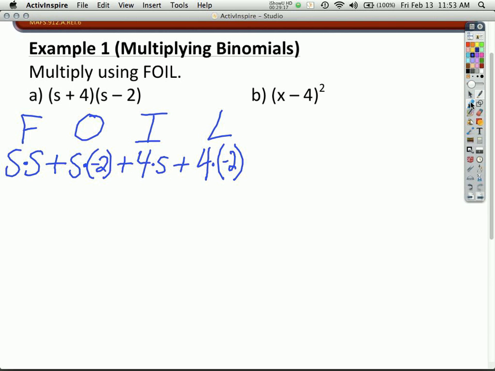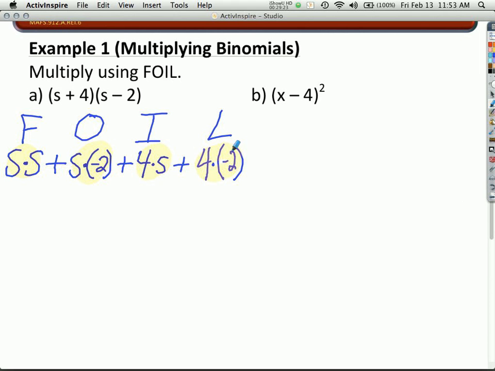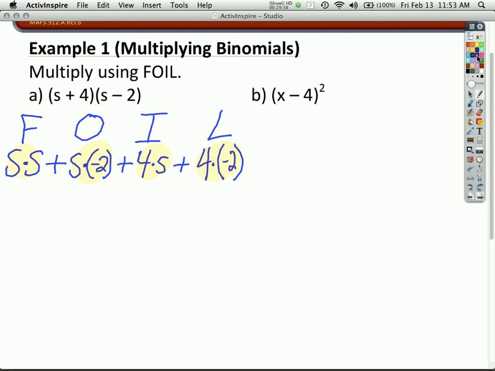Now, we have it set up, now we actually have to execute the multiplication. So we have to multiply, multiply, multiply, multiply. So we basically started out with soccer. Now someone kicked the ball up into the air and someone caught it. Now it's basketball or football. Let's pretend it's basketball. So now we have to do S times S. What's S times S?